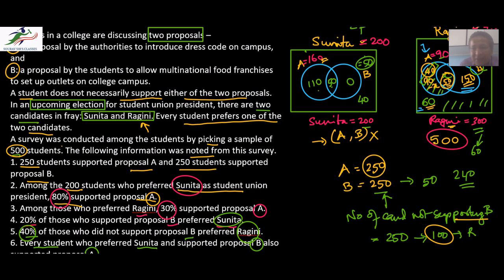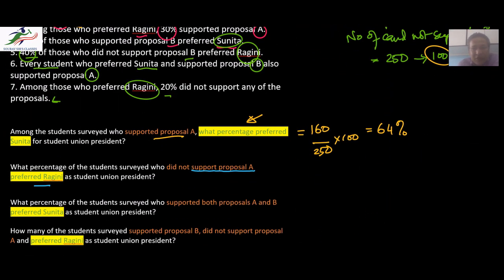So 150 plus 60 means 210 out of 250 into 100. So this is 210 by 250 into 100. So this is 84%.